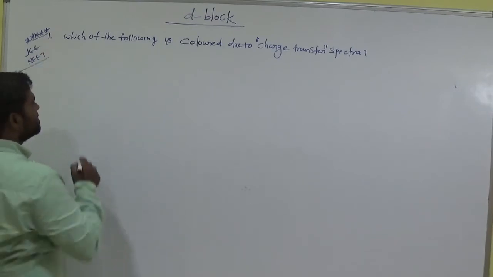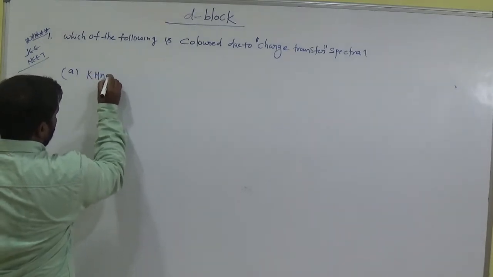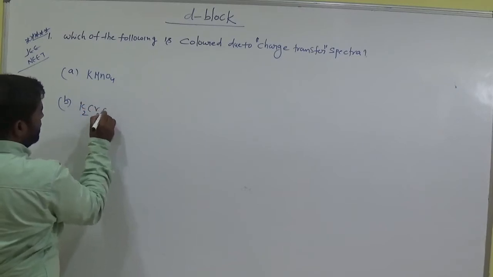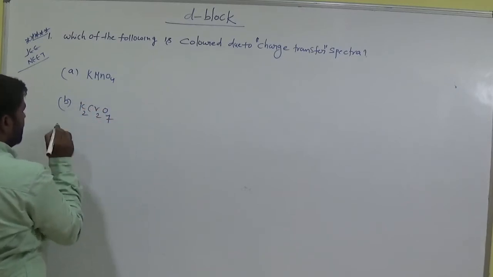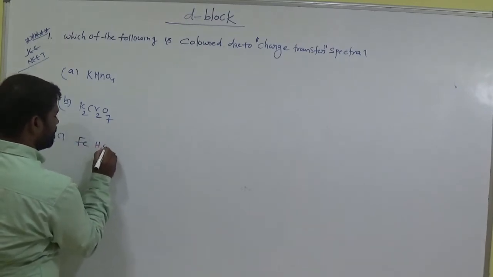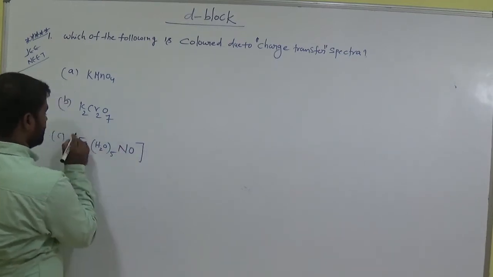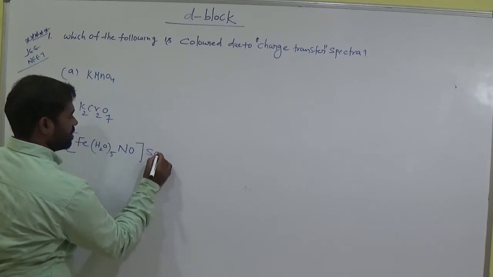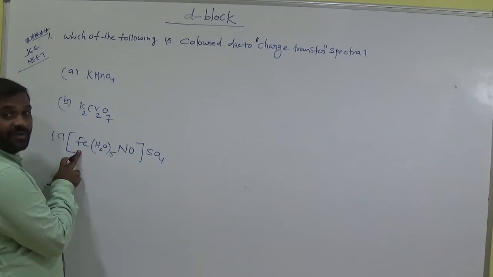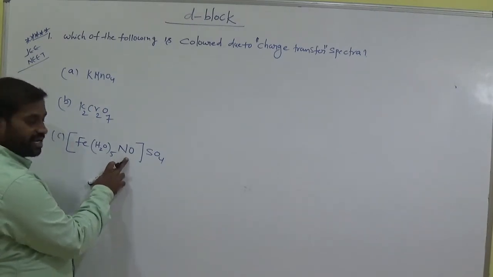So let's see. KMnO4 and option B potassium dichromate. And FeSO4 complex, the brown ring compound, where iron is the transition metal ion, H2O is a ligand, and this one is also a ligand.